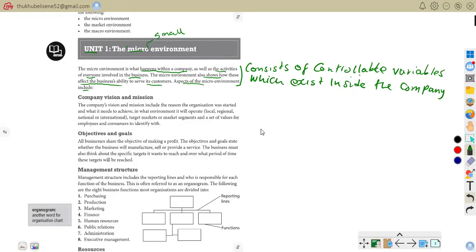So that's when we're talking about the micro environment.